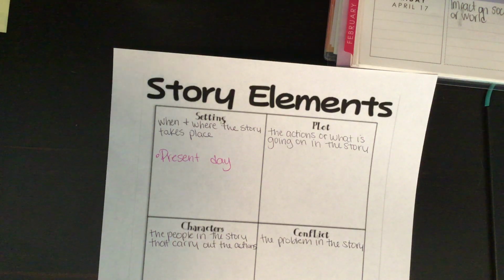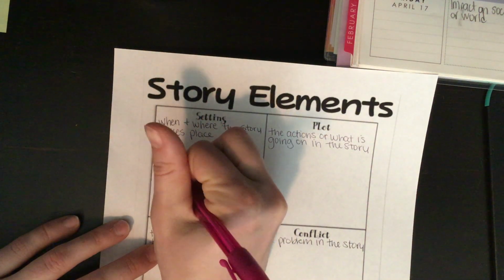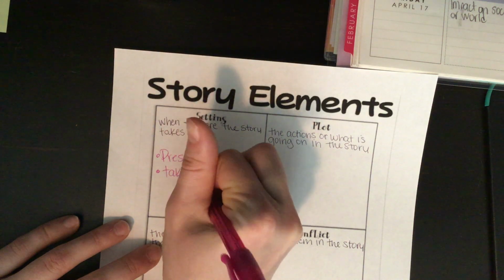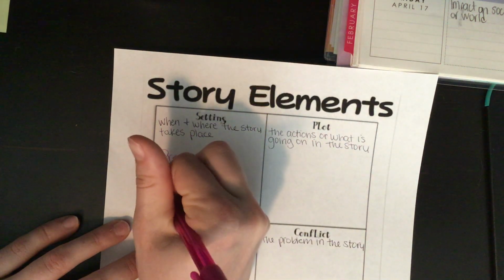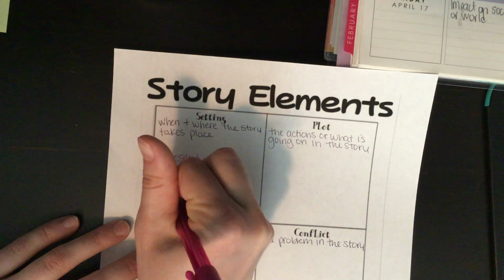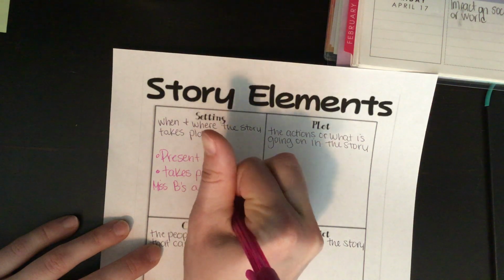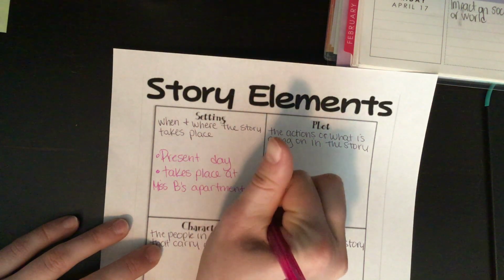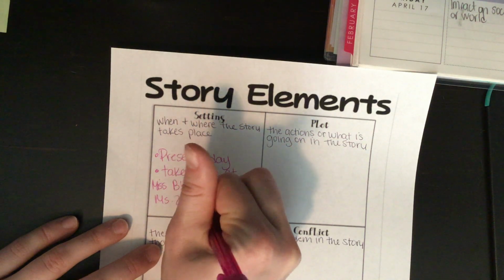And then where this takes place is we're going to have two separate kind of main places where it's taking place. And so I'm going to put takes place at Miss B's apartment and Miss Zollmann's house.